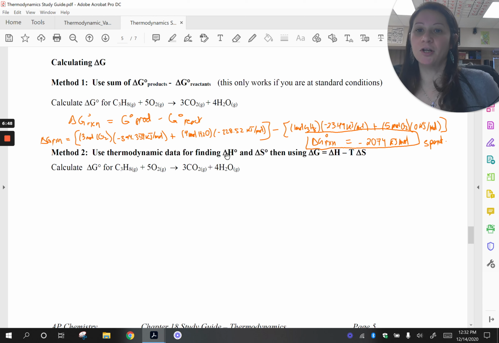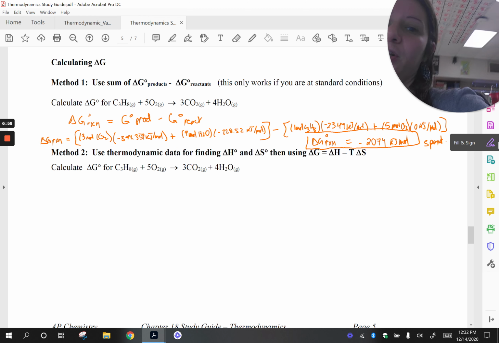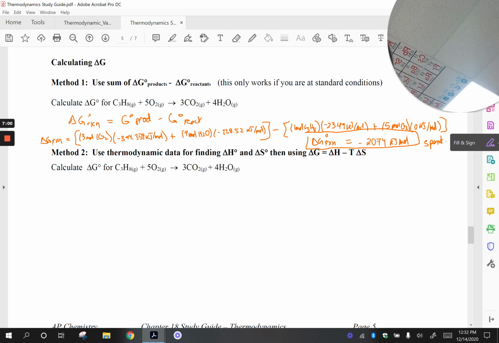So if I want to calculate delta G for the same reaction, but using this equation, what I will do is I'm going to calculate delta H for the reaction by doing heats of formation of the products minus heats of formation of the reactants.